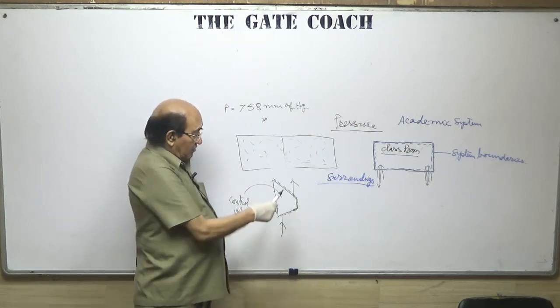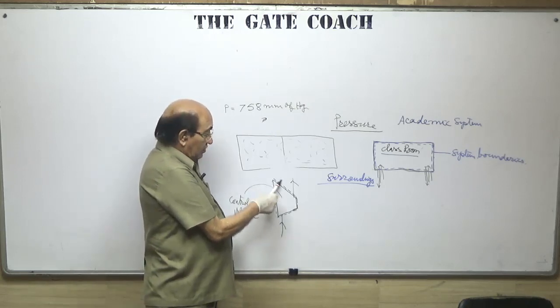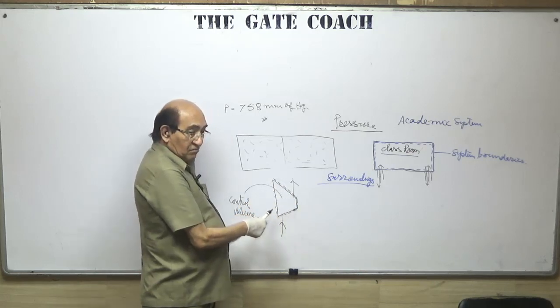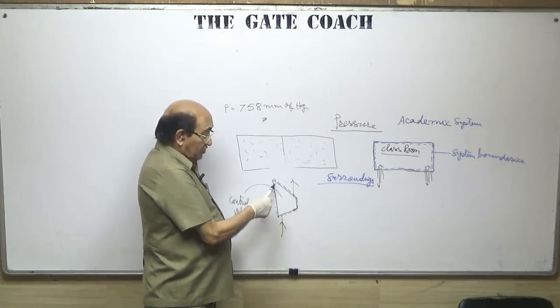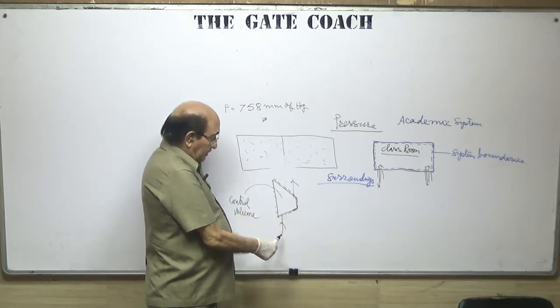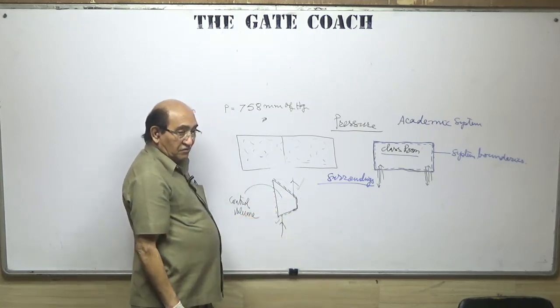When we are talking about the mass of the system, we are talking about uniformity. It is homogeneous. For homogeneous, whatever mass is coming in, going out, the density shall remain the same.